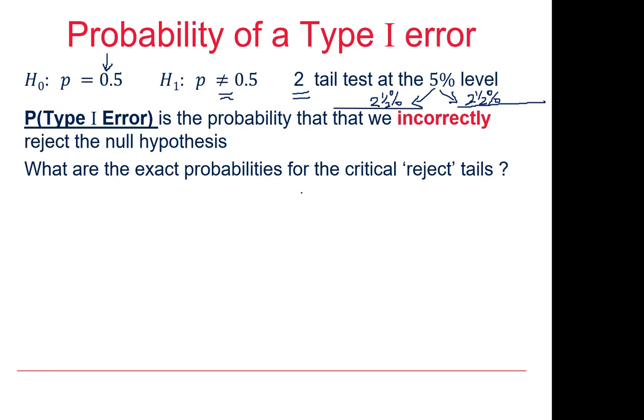So what are the probabilities for our reject tails, our very unlikely low values and high values?